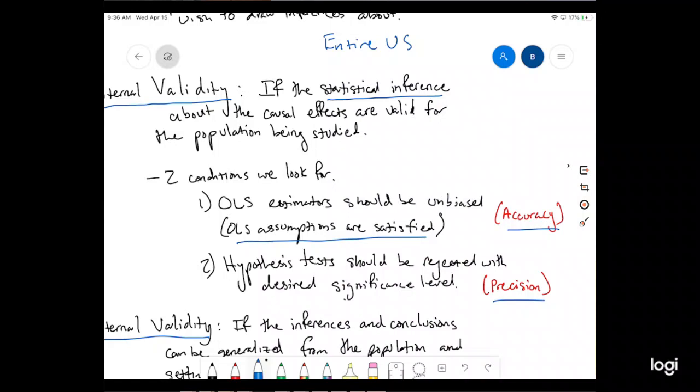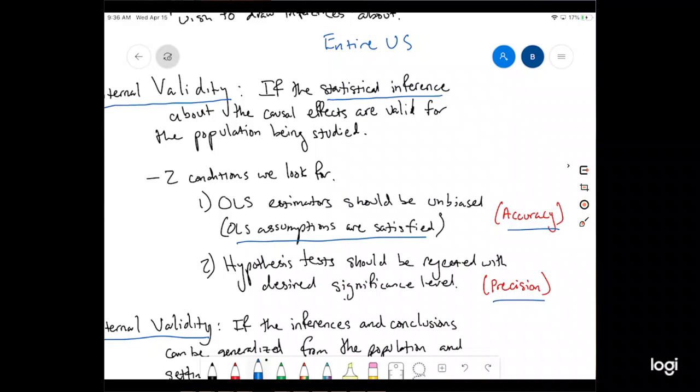So if we estimate that a reduction in class size increases test scores, but the standard errors are really large, and we can't reject our null hypothesis of zero effect with any meaningful confidence level, then we have to come to the conclusion that class sizes don't have a meaningful effect on test scores. So if we can only reject our null hypothesis with 50% confidence, that's not very high confidence.